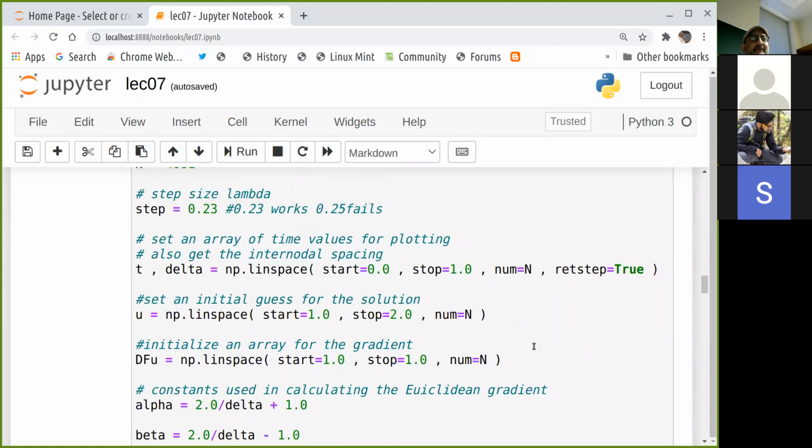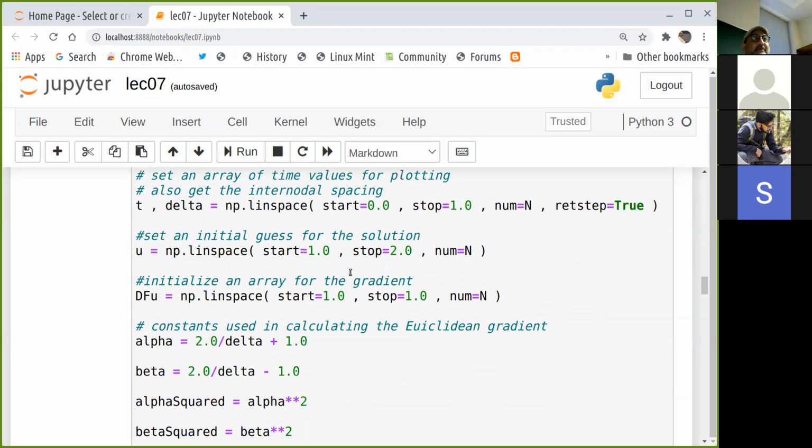Well, we have to have the time values, the t values. So that's linspace starting from 0, stopping at 1, n, in this case, 4001. Also, I want you to return the internodal spacing, which I'm calling delta. So that returns an array T and my internodal spacing delta.